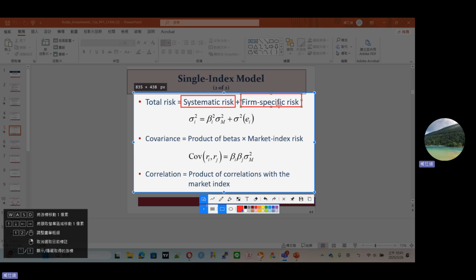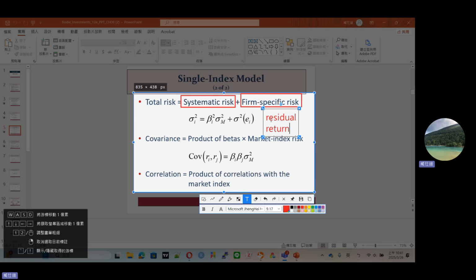I also give this term a special name, I call this the residual return. Officially in the textbook, we call this the firm-specific risk.